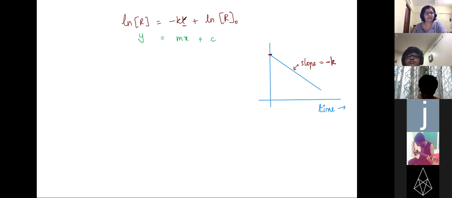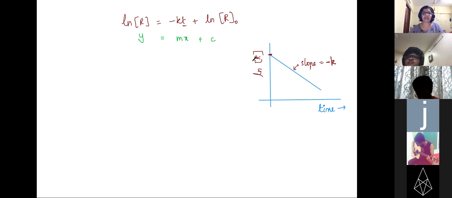In place of x there is t, so m is equal to minus K. What is in place of y here? Natural log of R. Yes. So the variation is linear with respect to ln R, not the concentration itself.